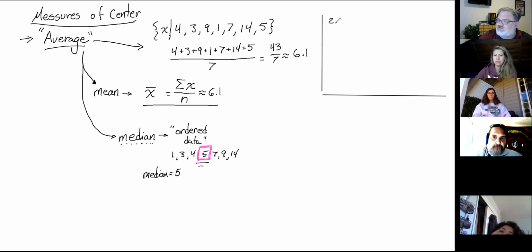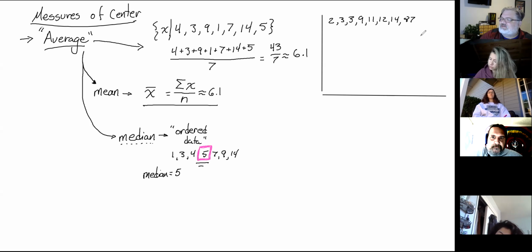I'm going to write it in order just for our convenience. 2, 3, 3, 9, 11, 12, 14, and 87. It's 1, 2, 3, 4, 5, 6, 7, 8. So that's 8 data points in order.